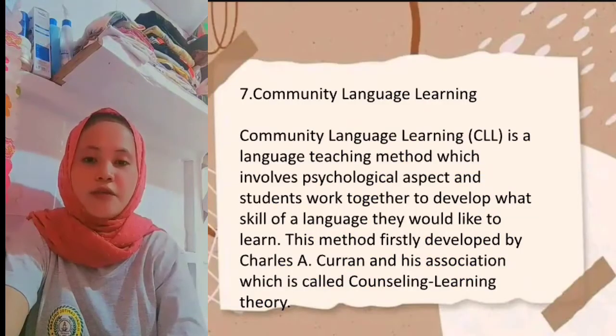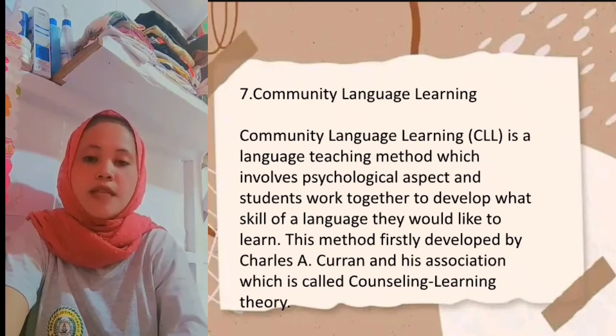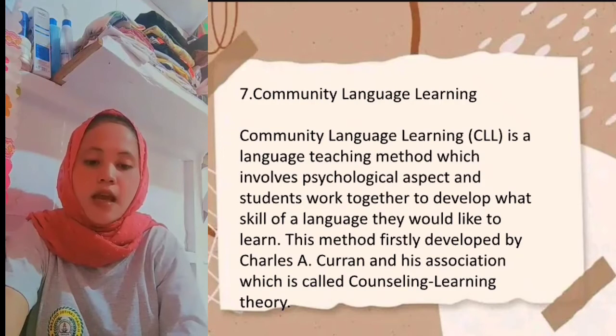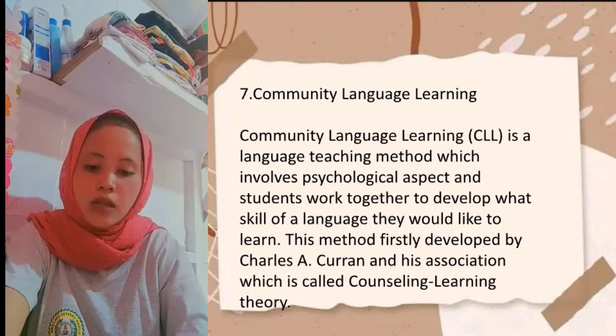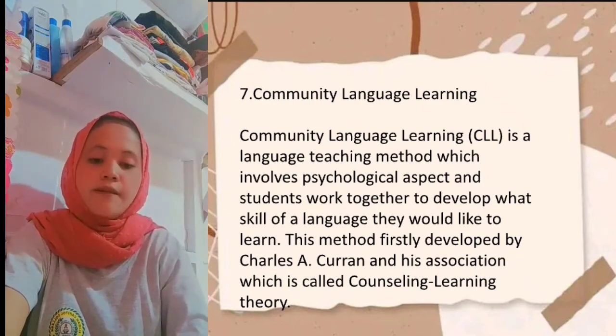Community language learning. Community language learning is a language teaching method which involves psychological aspects and students work together to develop the skill they would like to learn. This method was firstly developed by Charles A. Curran and his associates, which is called counseling learning theory.